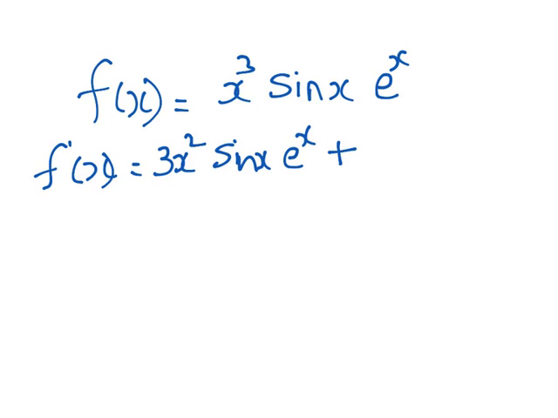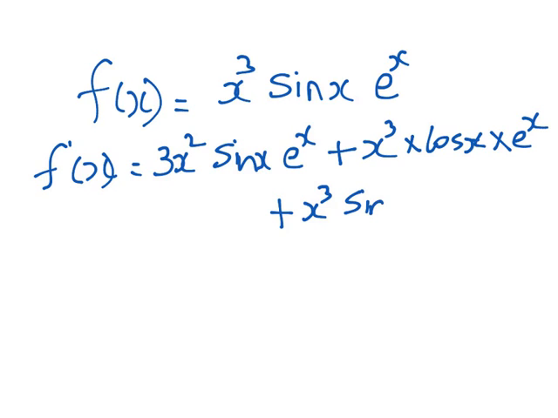So I'll keep the first function as it is, into cos x into e power x, plus the third term is, so I'll keep the first two functions as it is, and I'll differentiate the third term, but we all know that derivative of e power x is e power x. That's all. So this is the derivative of the given function.